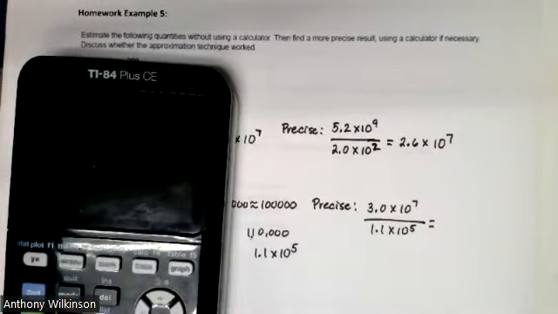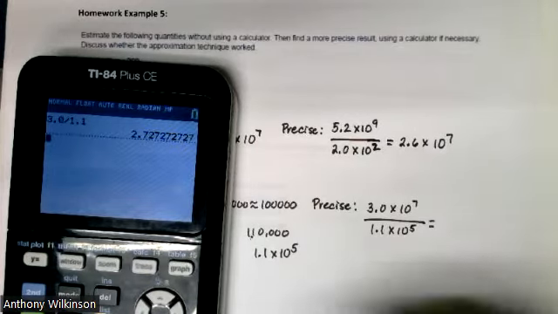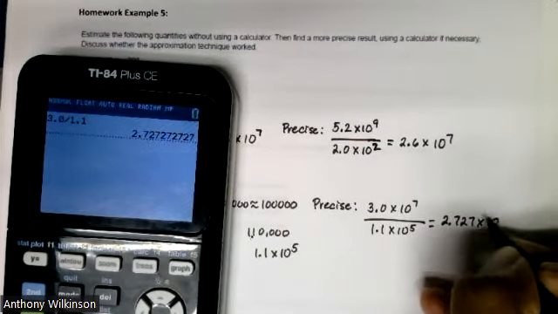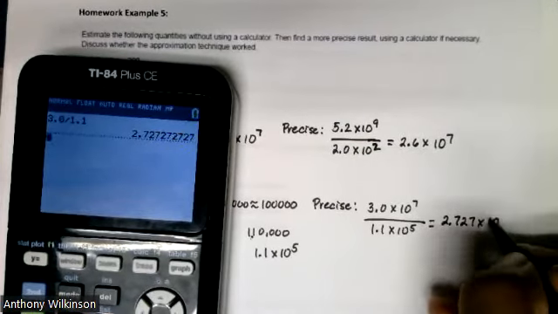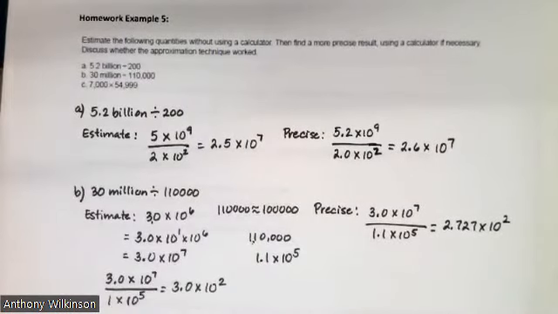So if I do 3.0 divided by 1.1, to 3 decimal places it will be 2.727 times 10 to the 7 minus 5, which is 2. And you can see here that the approximation method also worked on this one, because the approximate answer of 3.0 times 10 squared is close to 2.727 times 10 to the second.